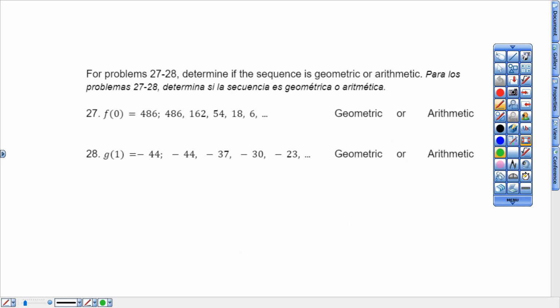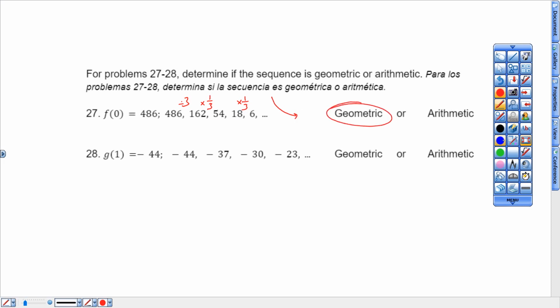This guy, if I look at these numbers, I could see that this is a big letdown here. It looks like I'm dividing by 3, or another way, timesing by 1/3. So 18 timesing 1/3 to get 6. It's going to be one of these curvy exponential graphs, geometric.